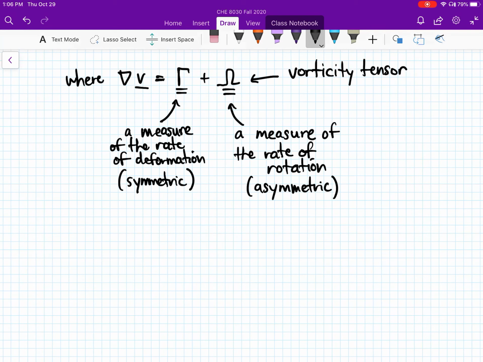I can expand and define both the rate of strain tensor and the vorticity tensor. So the rate of strain tensor is 1/2 the gradient of the velocity plus the transpose of the gradient of the velocity.